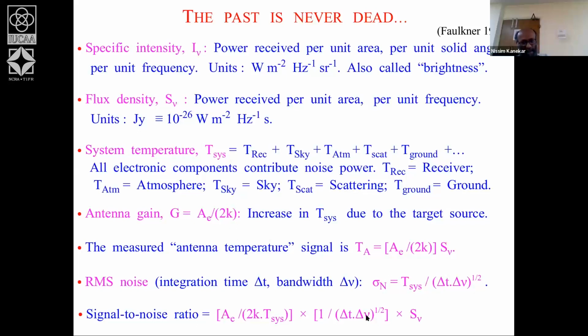You can't go broader than the line width, otherwise you're not adding any signal, because the signal itself is narrow band. So for continuum and pulsar observations, increasing delta nu improves your signal to noise ratio. For spectral line observations, the maximum delta nu is typically half the line width, so that you have two independent point measurements across the line. And then finally, you have the flux density of the source. For a higher flux density, of course, you get a higher signal to noise ratio. So that is what we talked about as background for telescopes yesterday.